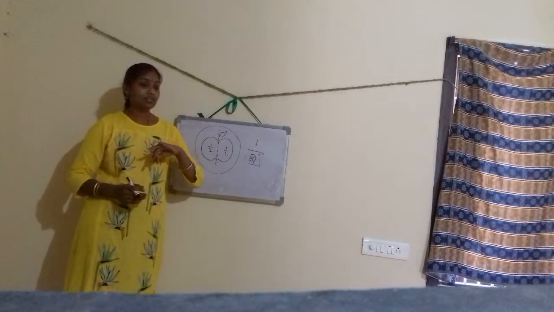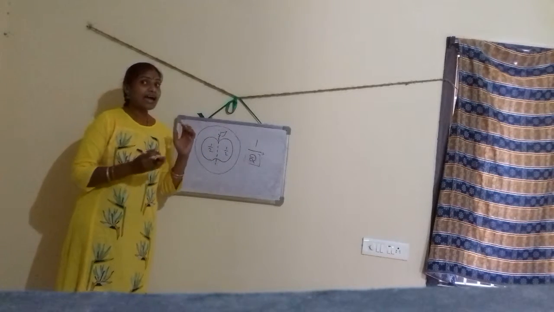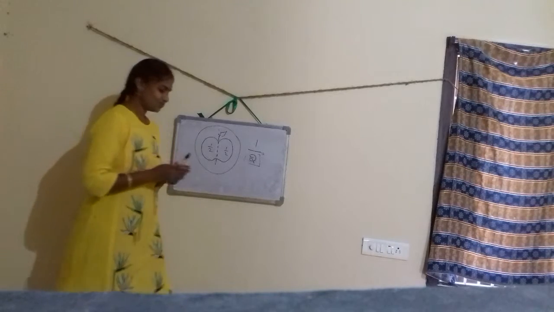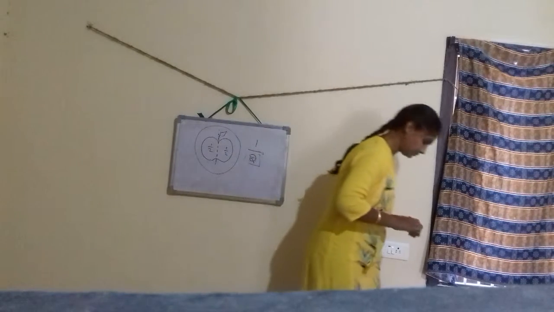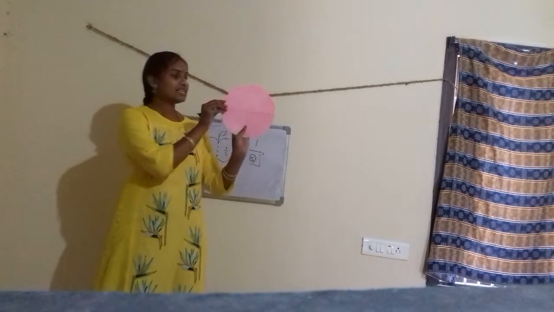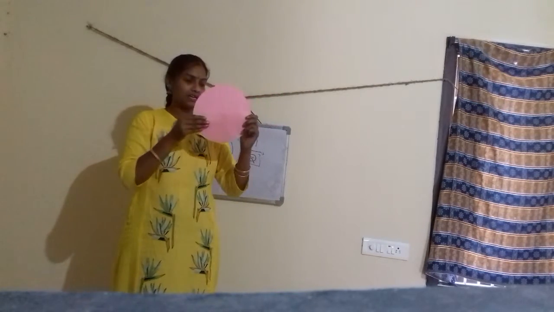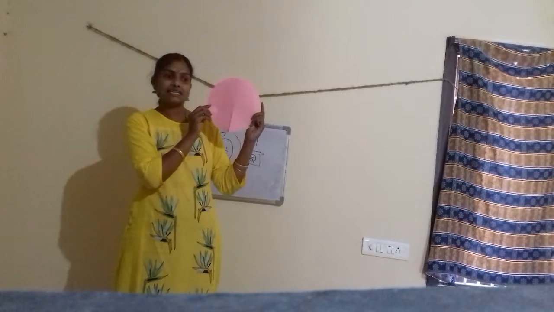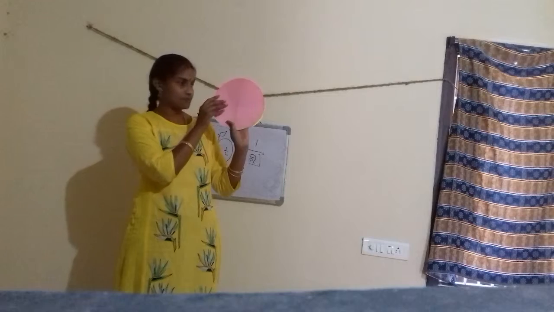Let us do the activity model. How to do the activity? I will show you. See, children, this is a circle shape. I take a chalk and draw a circle shape.